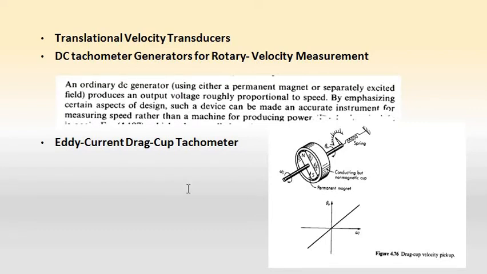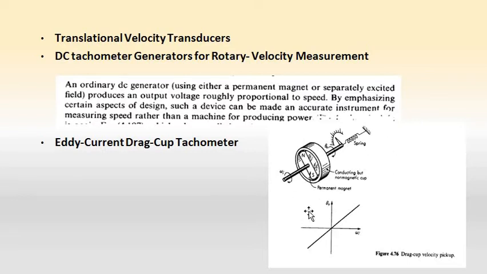The next one is the eddy current drag cup tachometer. As you can see here in the figure, there is a magnet in that cup with marked polarity north and south, and as this magnet rotates, it will induce voltage into the cup in which it is placed, and as a result it will produce circulating eddy currents in the cup material.